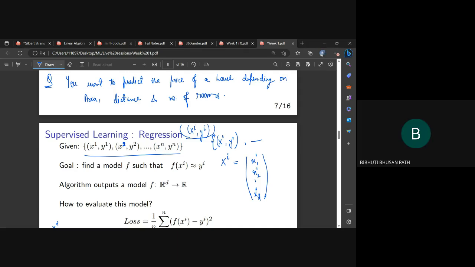Xi is all the area, distance, and number of rooms. xi is basically a vector containing all the features: area, distance, and number of rooms.